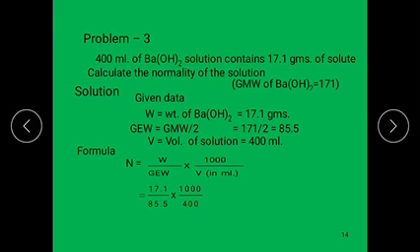When we substitute the values in this equation, 17.1 divided by 85.5 into 1000 by 400, this equals 0.5 N. Therefore, the normality of the barium hydroxide solution is 0.5 N.